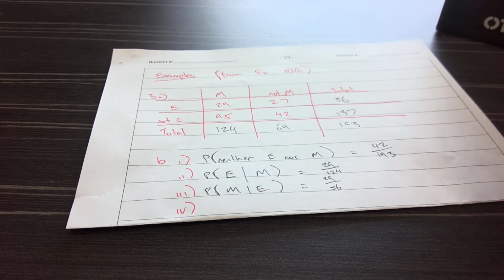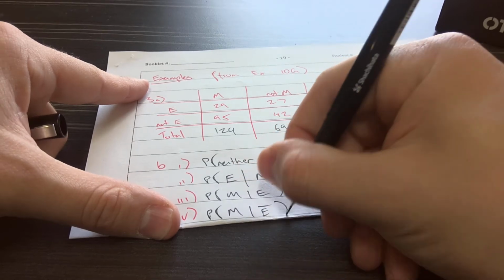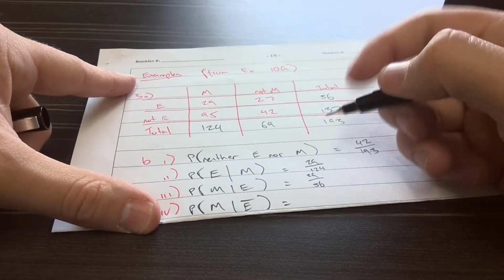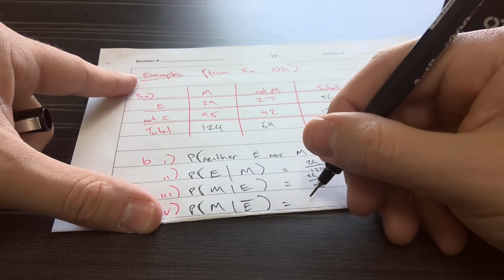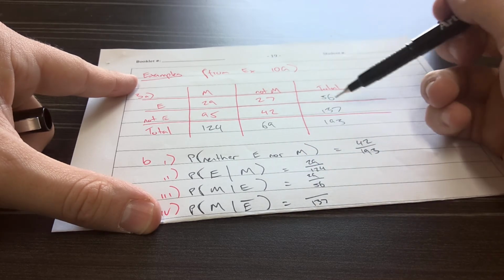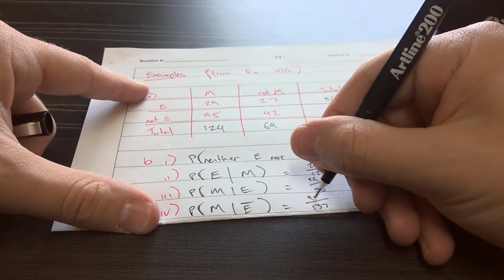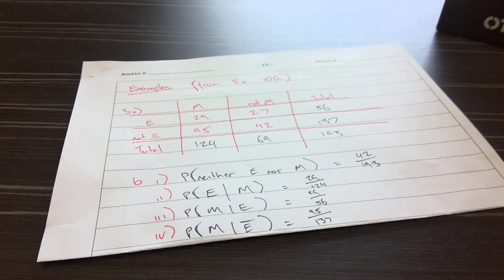We can write that as P(M | E bar). So the number who didn't do English Extension is 137, and out of those 137, 95 of them do Maths Extension.